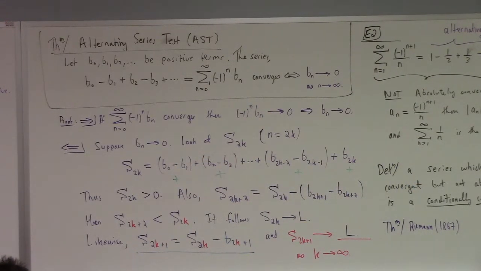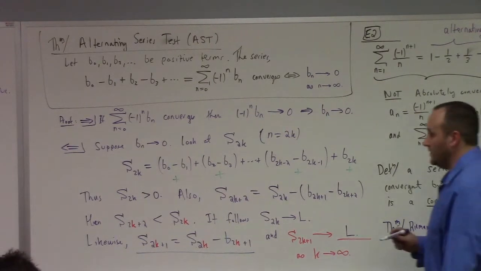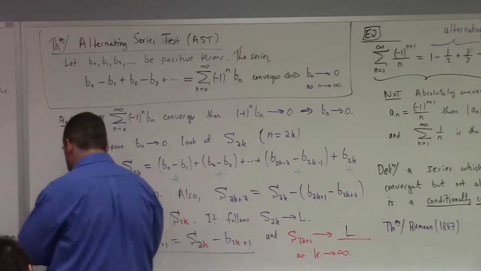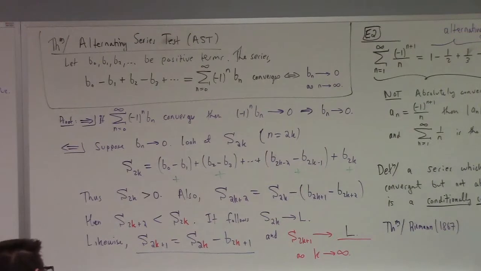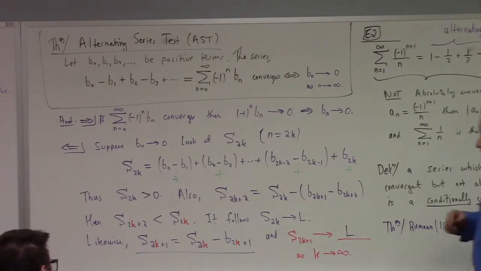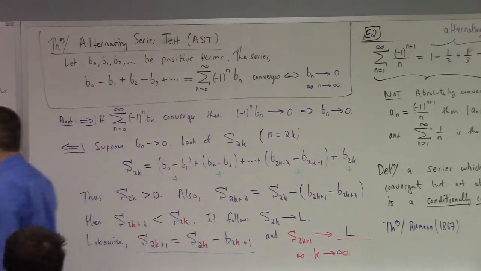Now, there is also an alternating series estimation theorem. How do you bound the error in an alternating series?